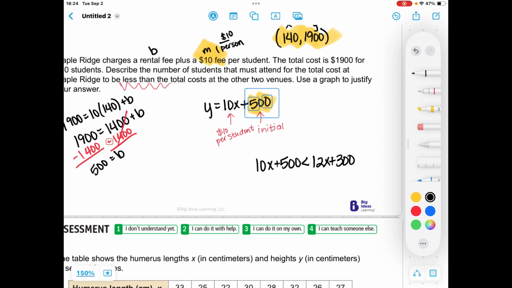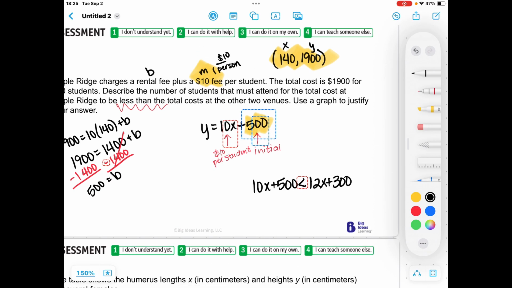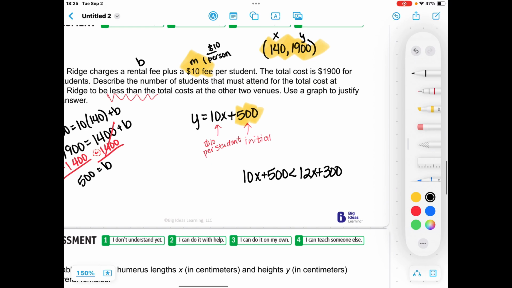Keep in mind, I don't even have to think about Sunview because Sunview starts off at $600, and that's too much. It's over 500 already, so I don't even have to worry about that one. As long as I know it's less than Lake. Have I been calling it Lakeview this whole time? Lakeside. As long as it's less than Lakeside, I will be golden.